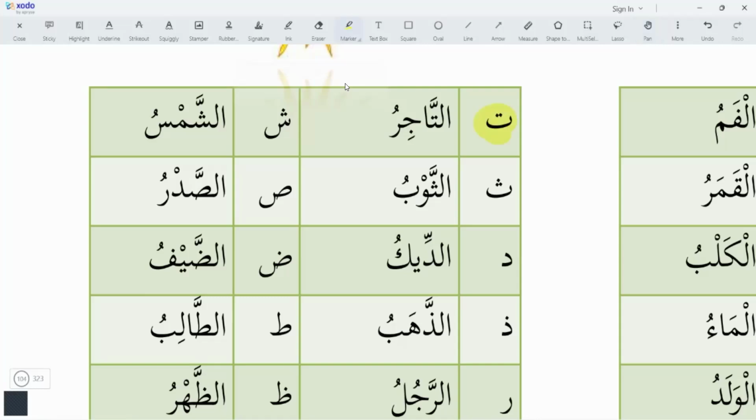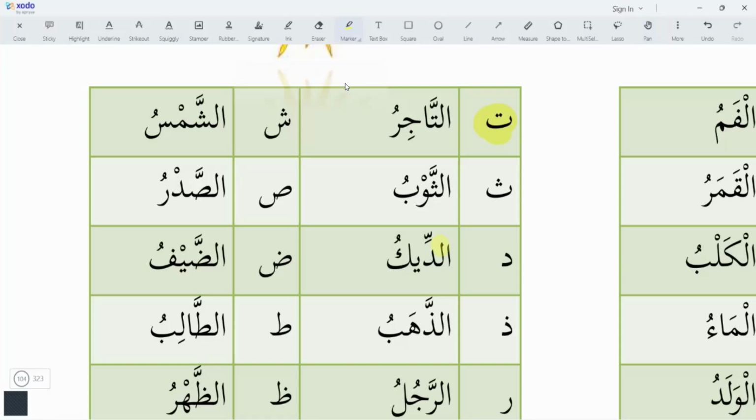Ta. When there is a ta and we attach alif lam, then we will not pronounce the lam of the alif and lam. At-tajiru. We will pronounce it at-tajiru. And sa, as-sawbu. Lam we are not pronouncing here. Ad-diku.